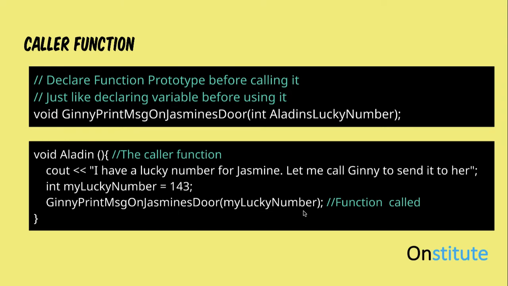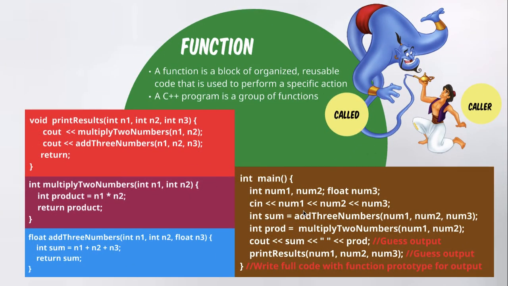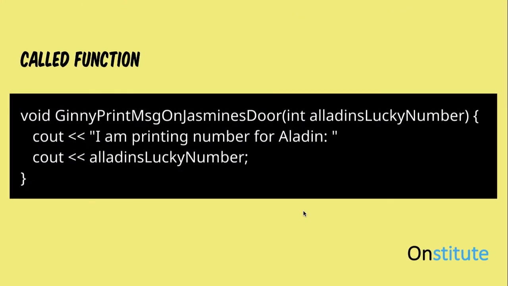However, when it goes to the called function, Genie is utilizing it as Aladdin's lucky number. The variable name is changed to Aladdin's lucky number. It makes sense because Aladdin is generating the number as my lucky number. And when Genie is actually using it, he is using a different identifier name for his easy understanding.